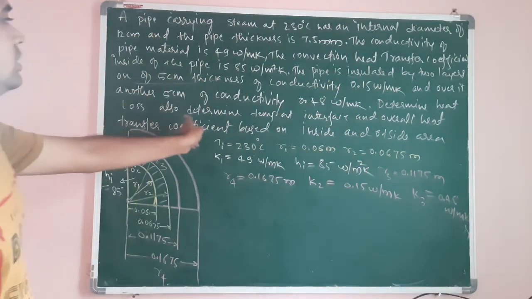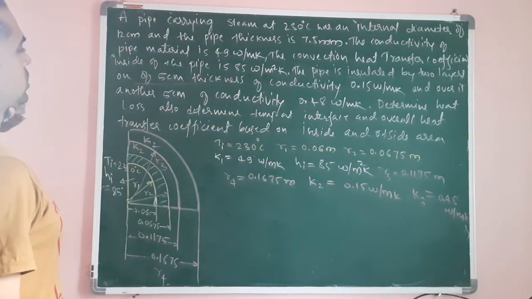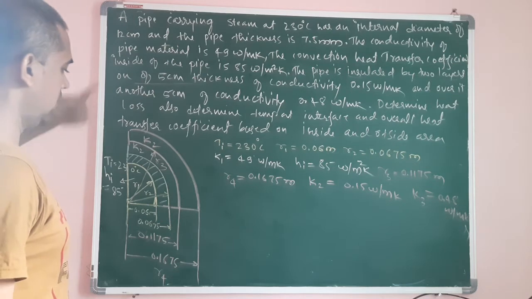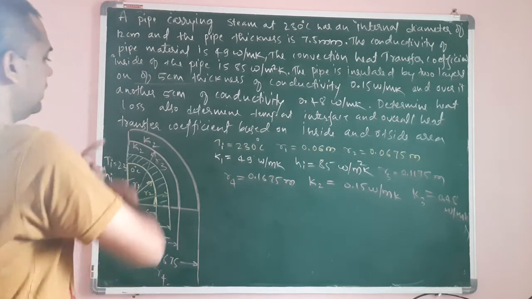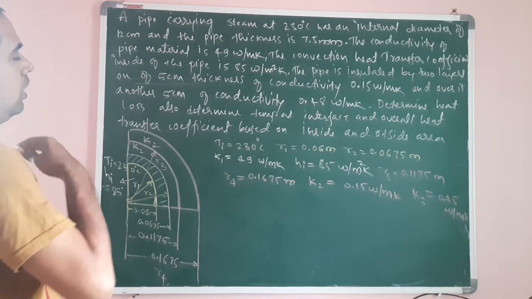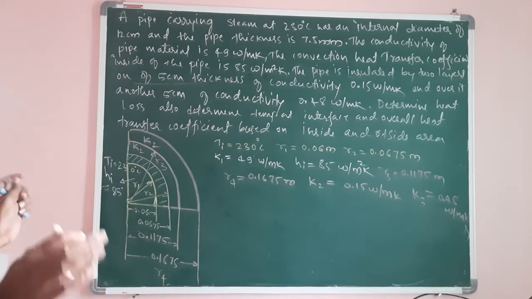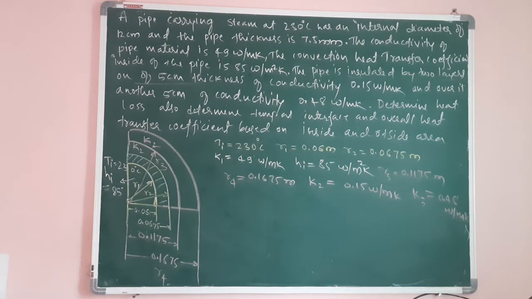And the outside heat transfer coefficient is also given, I think, because they have not given the ambient temperature. They have not asked to calculate the temperature, therefore it is not necessary. Now we have to calculate only heat transfer. Wait, I will check in the problem.